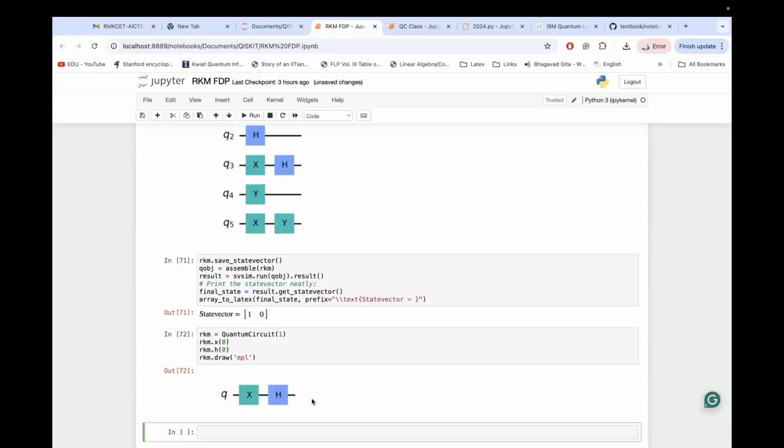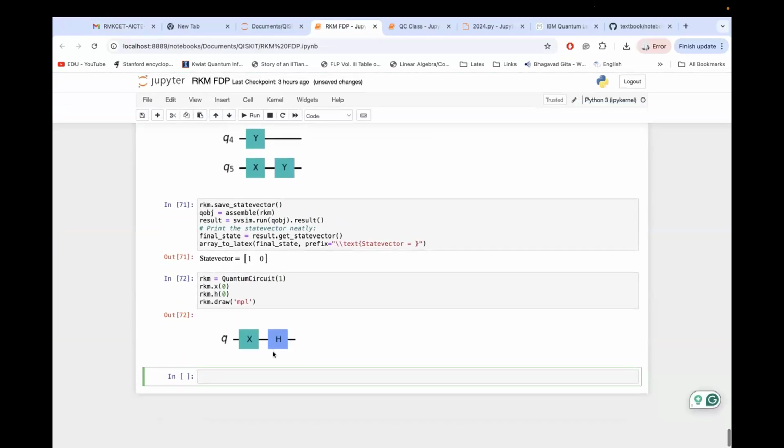So the circuit is going to look like this. What is your guess here? When you apply X operator to 0 state, that becomes 1. After that, if you apply Hadamard operator, the state will become anti-diagonal, that is 1 by root 2 and minus 1 by root 2.